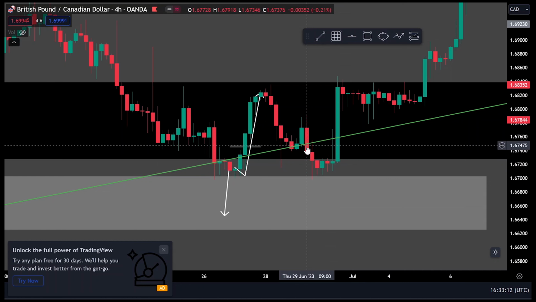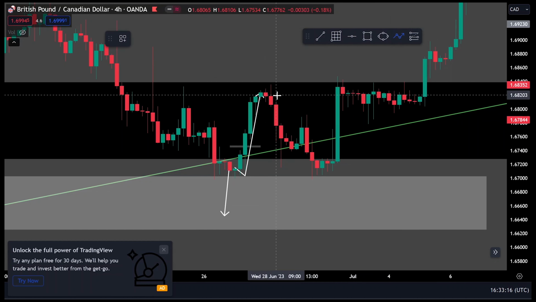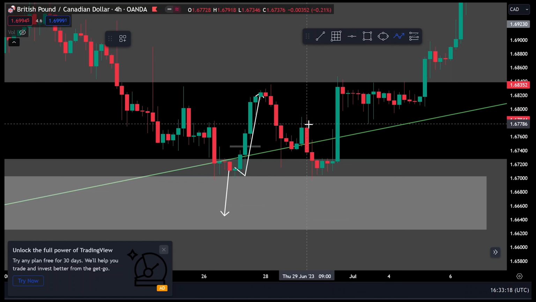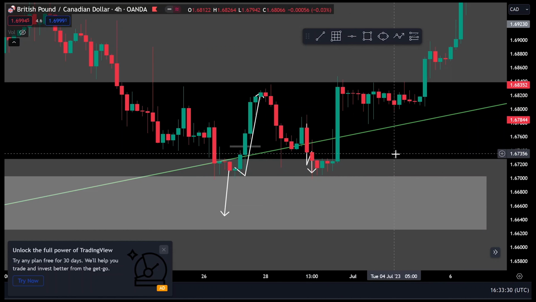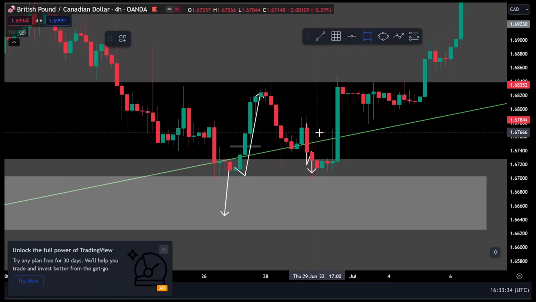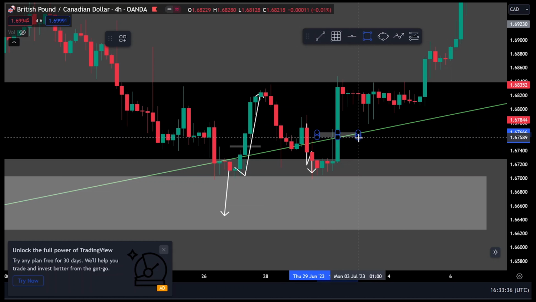And as well, the sellers or the bears were still in control, and we had another breakout from here. The next 4 hour candle also was a bearish candle. So retailers will be like, yeah, the bears are in control, let us sell. So they're going to sell and still put their stop losses above the support.